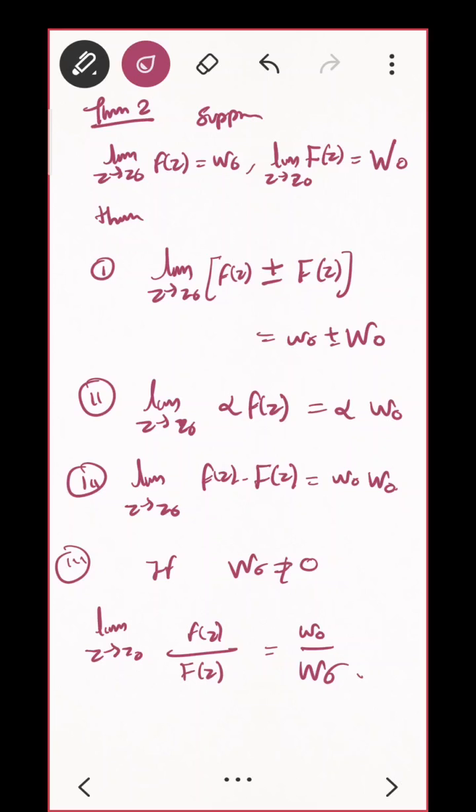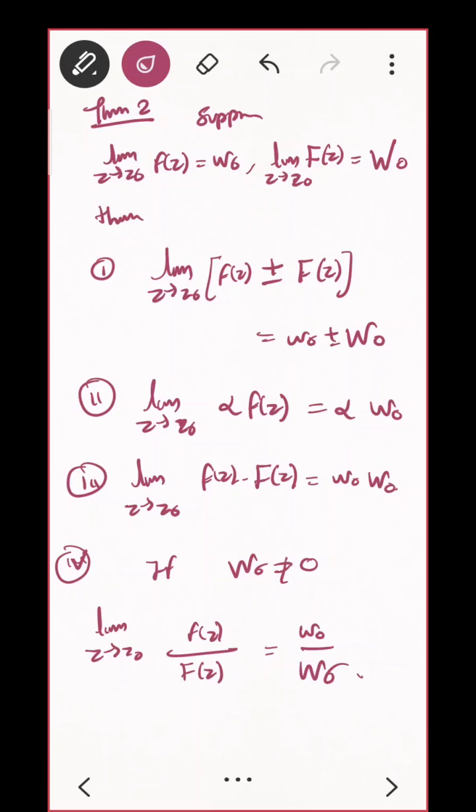Whenever you have two functions, then you have to choose delta, which is the minimum of them, and then you proceed. This is just a consideration part. I'll give this as an exercise to you. Prove this. This is the fourth one. The proof is quite simple. If you have any doubt, then we can discuss later on.